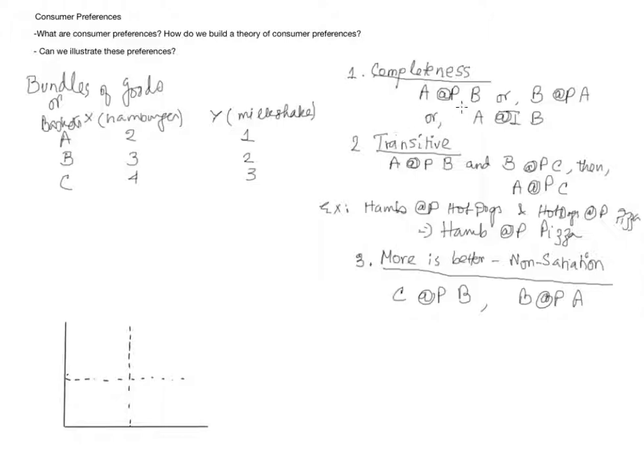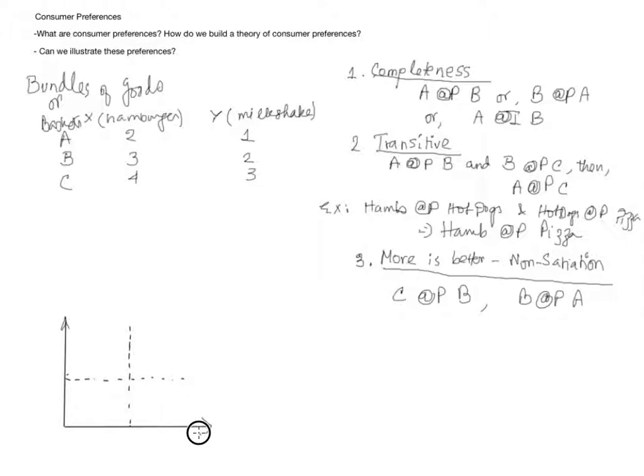Using these three assumptions, now we are going to go to the next step where we want to illustrate these preferences. So we have a graph here. On this graph, we are going to plot two goods on two axes. Each point on this graph represents a bundle of goods.